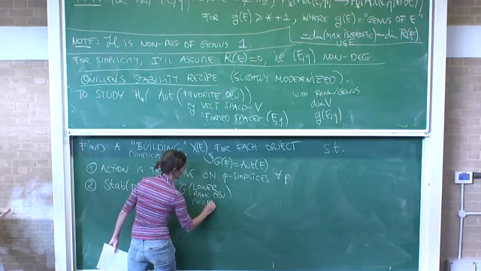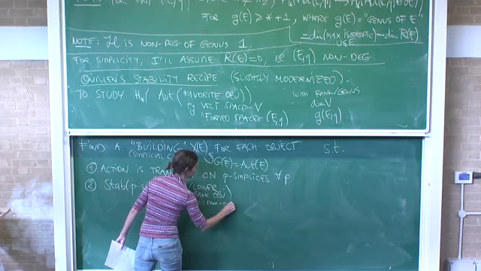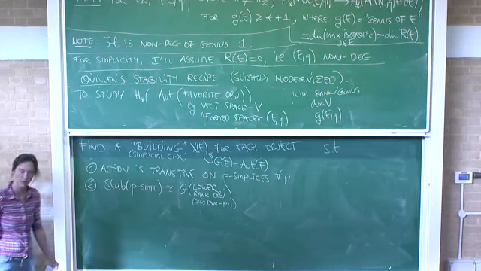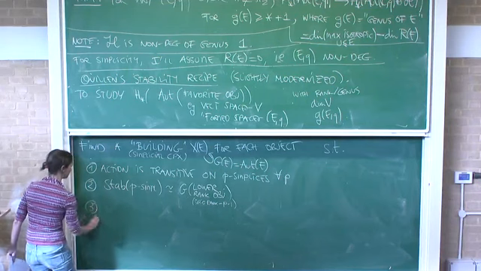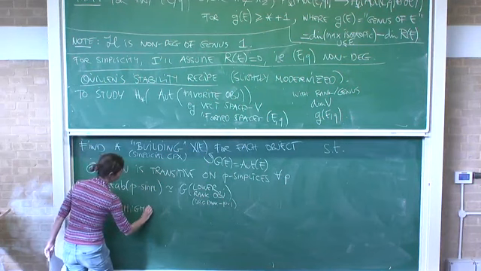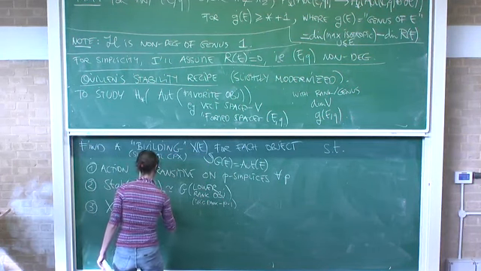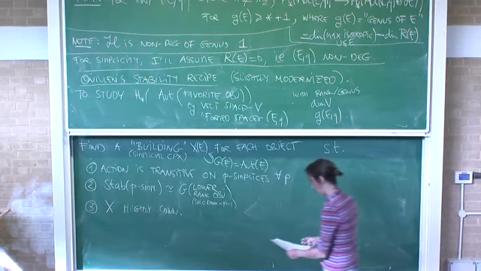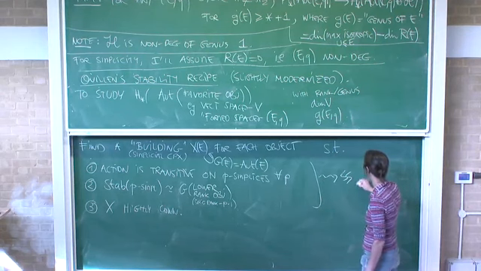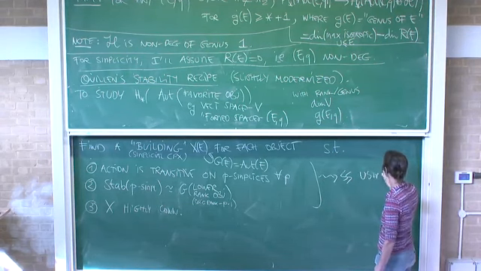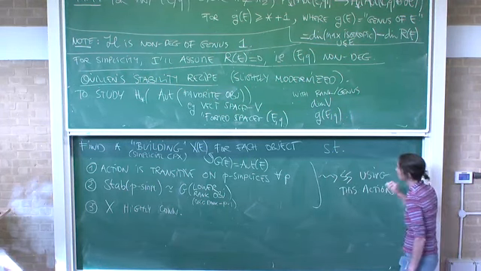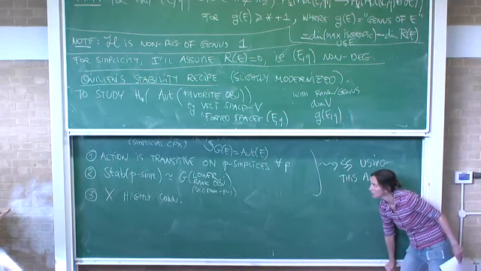Original rank minus p minus 1 would be the typical situation. So for every step of simplices you go further down, and X should be highly connected. And that will give you a spectral sequence using this action. I'll give it in a second with a couple of possibilities.